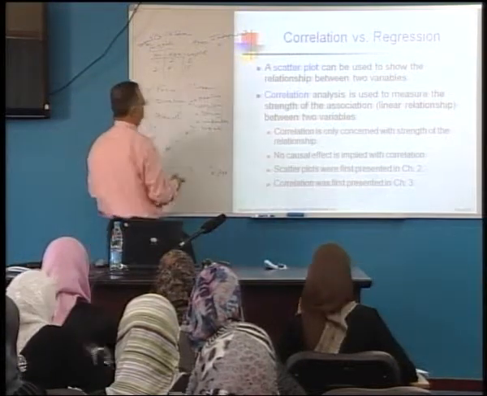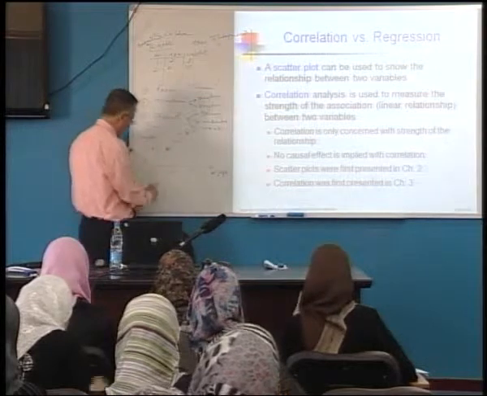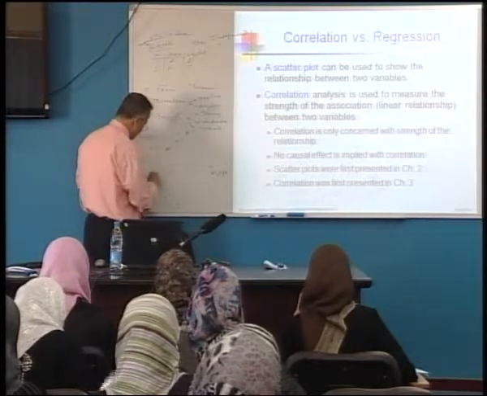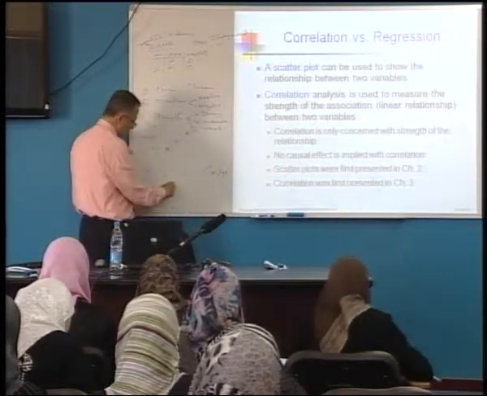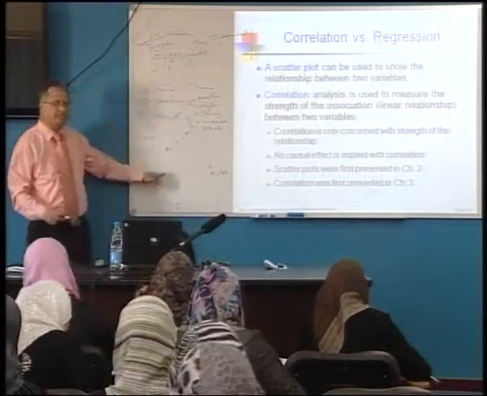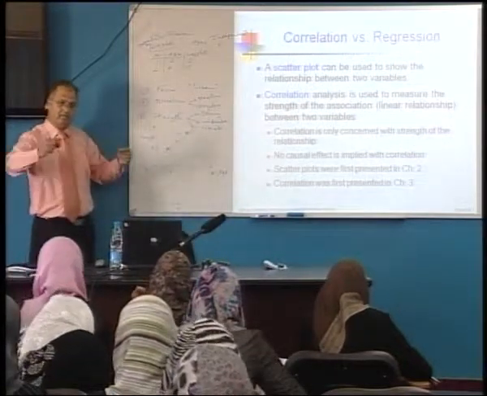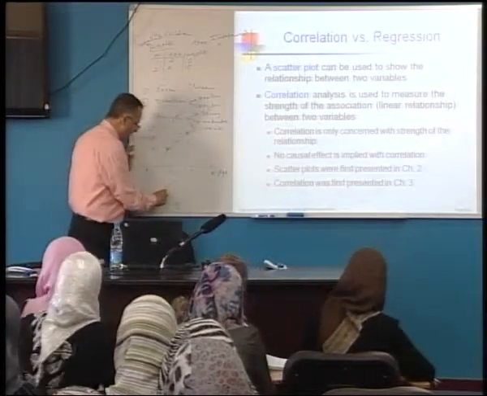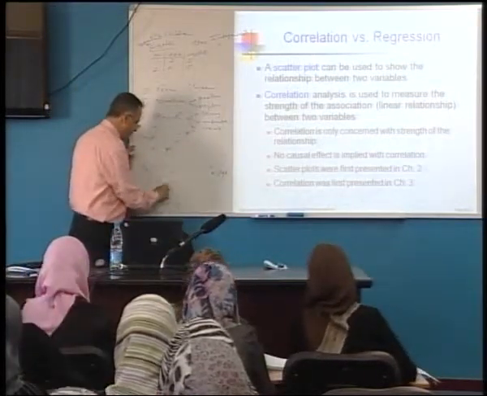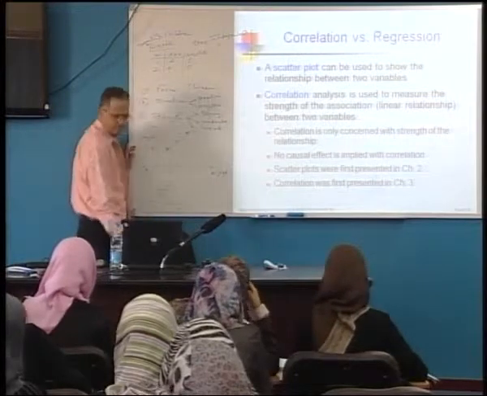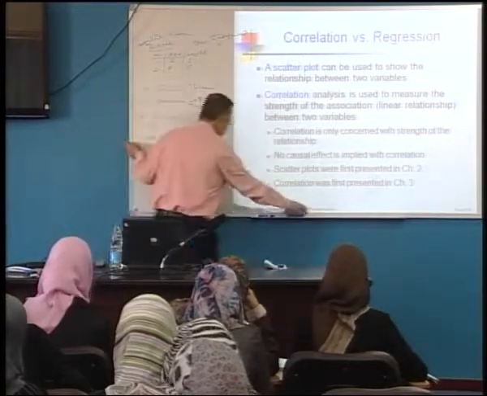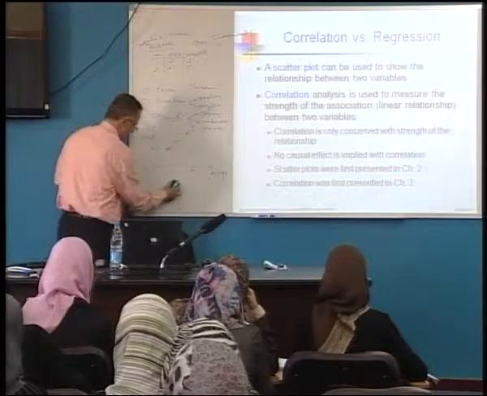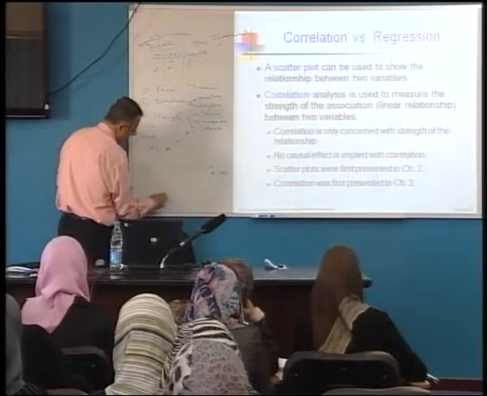Now, for the negative association or relationship, we have the other direction. It could be this one. So in this case, there exists a linear but negative relationship, and it depends on the points. The other direction is negative.